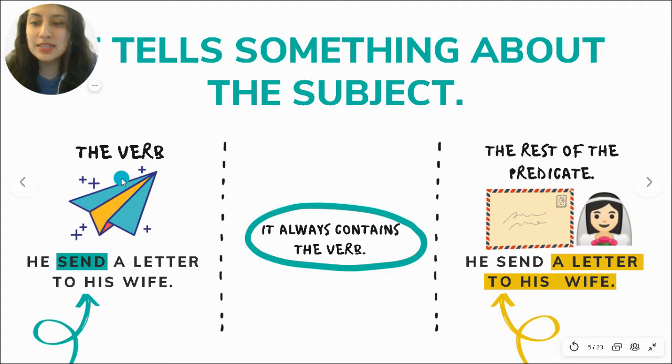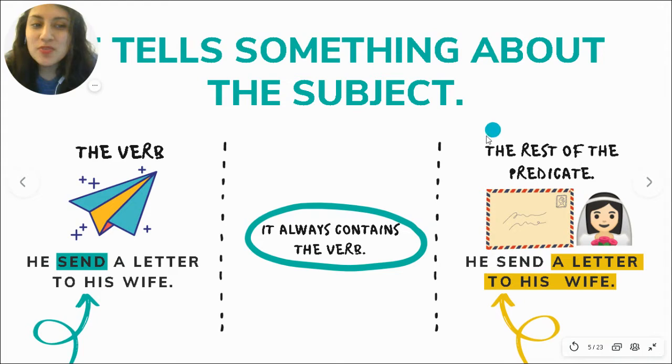So in this sentence, it says, he sent a letter to his wife. In this case, he is the subject. Sent is the verb. And then we have other parts of the predicate. So the predicate here is from sent to his wife. Okay?